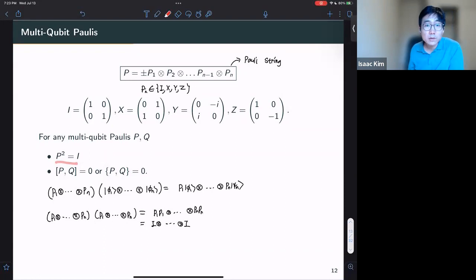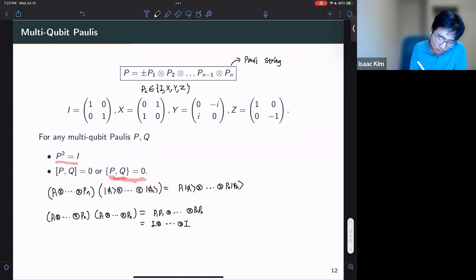And we already saw that there can be situations in which, if you have two Pauli operators on a single qubit, they can anti-commute. So this can totally happen. But if you have a Pauli string, these things may actually commute with each other.